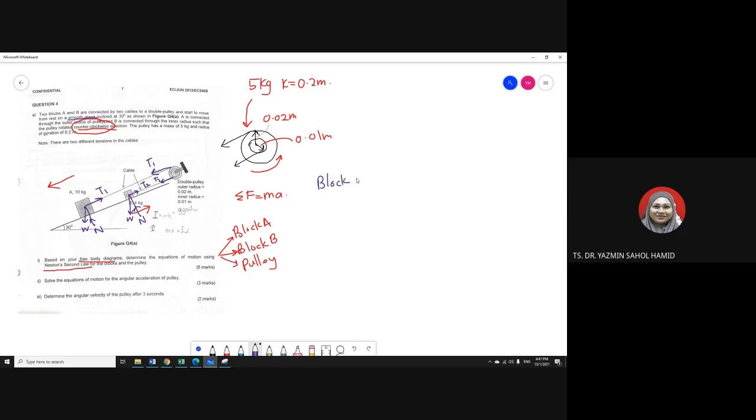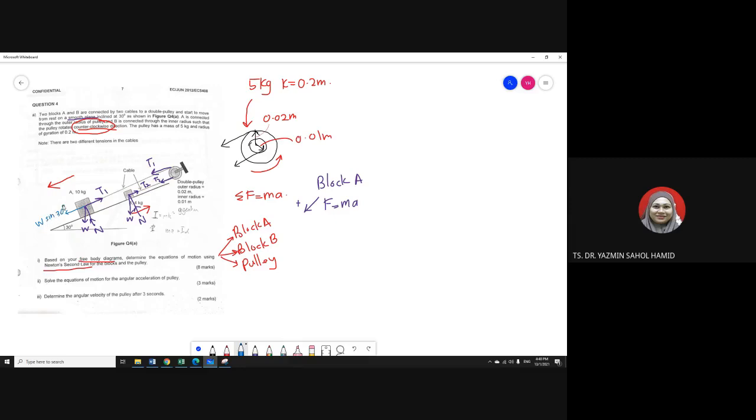For block A, F equals ma, where you assume going downwards is positive. You need to resolve everything in the same direction, so this W you need to resolve into this direction. It will be W cos 30, ah, sin 30.